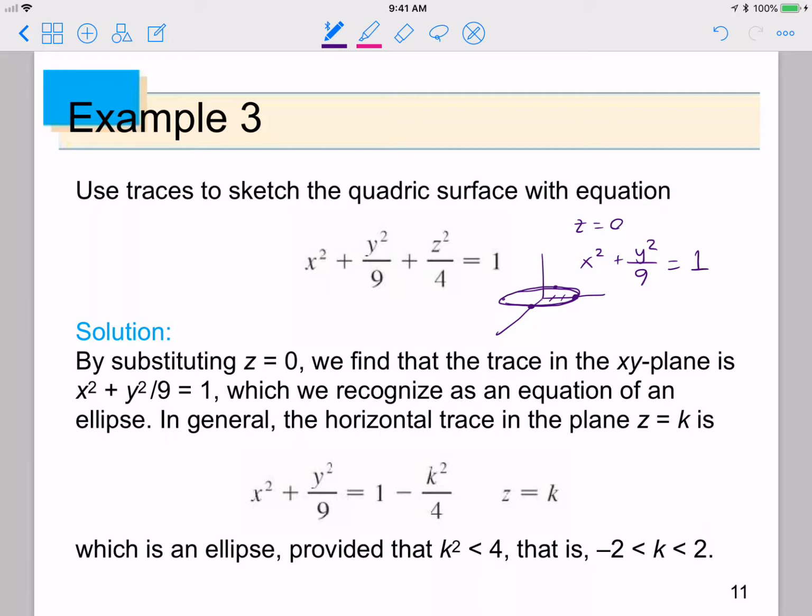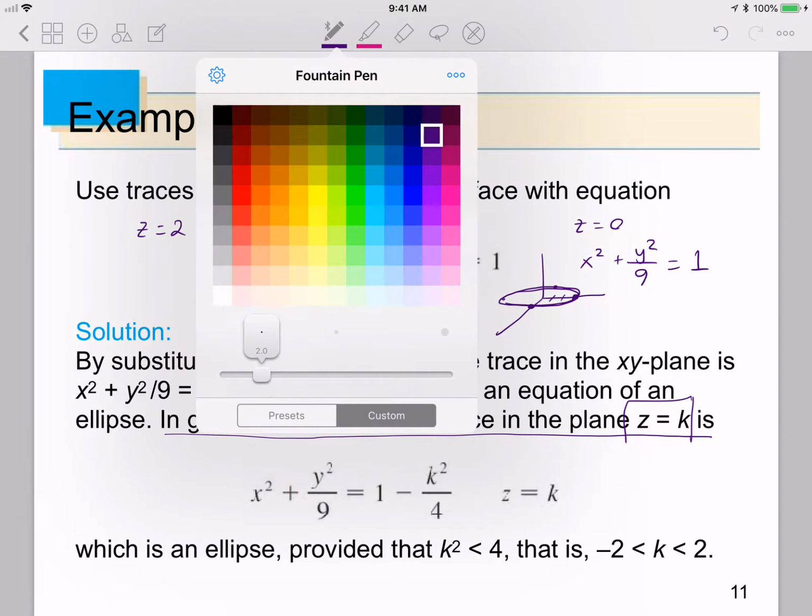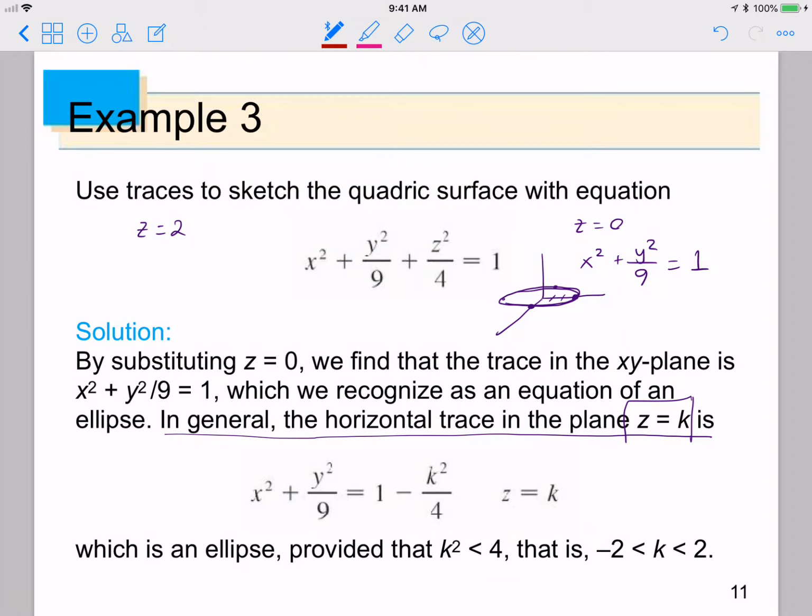And then we say, well, what happens if z is equal to, I don't know, 2? Let's just follow these slides. In general, the horizontal trace in the plane z equals k. This is saying what happens if you substitute z equals k. What do we mean by this horizontal trace?